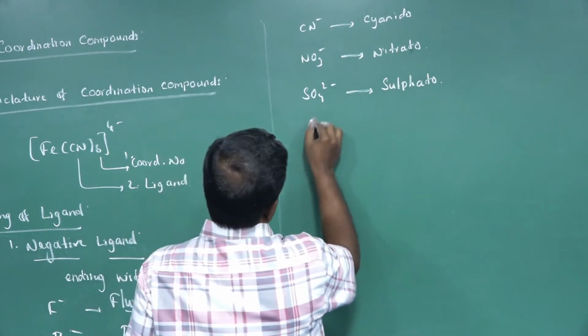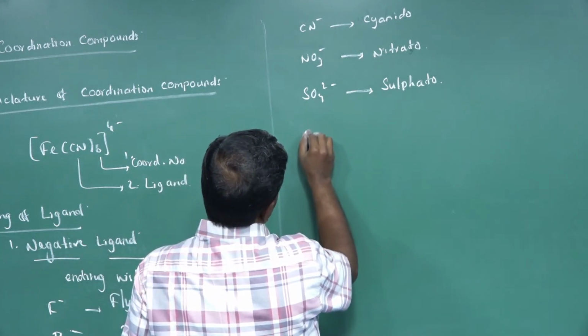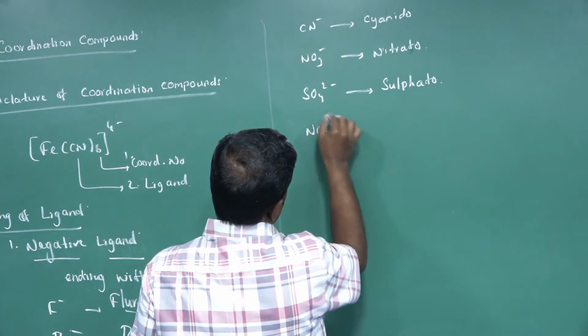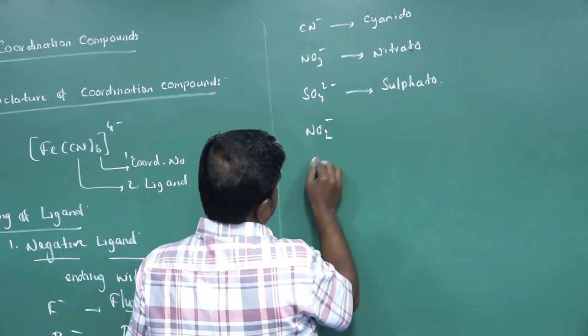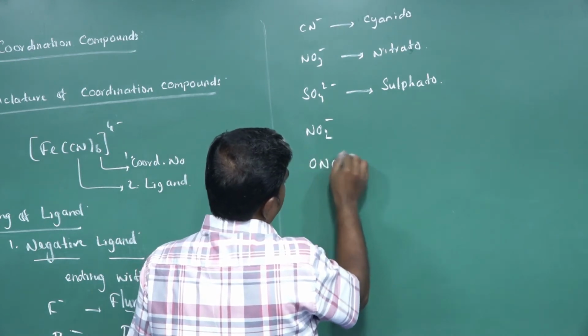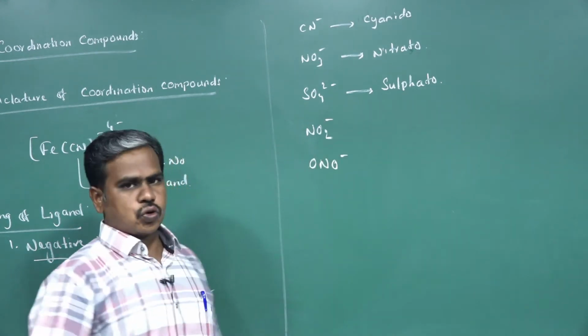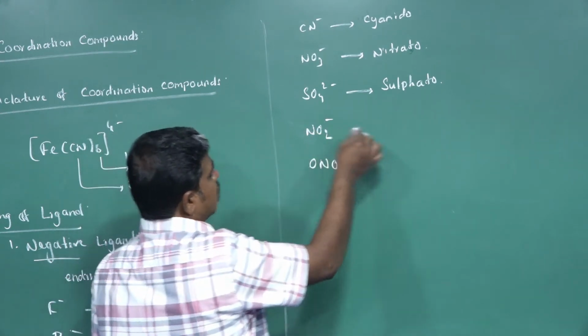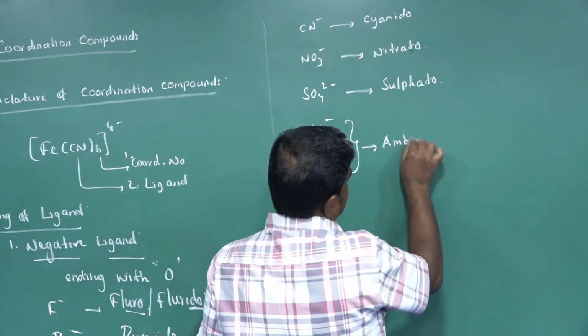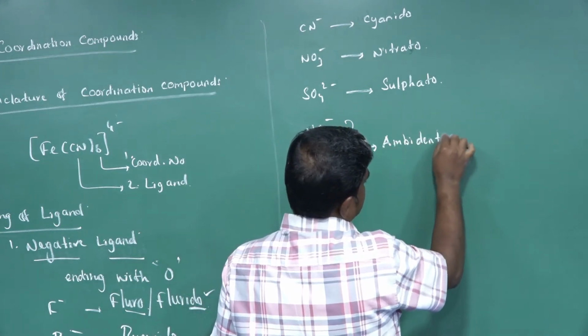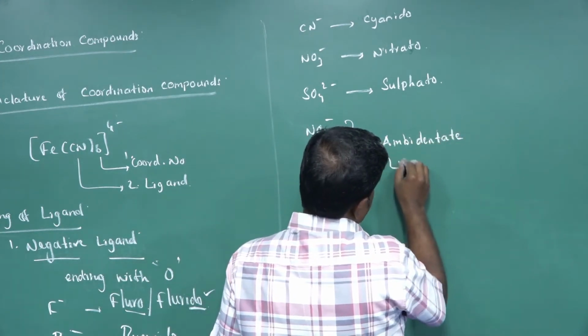Then we take the ambidentate ligand NO2 minus. In NO2 there are 2 types, that is ONO minus and NO2 minus. It is known as an ambidentate ligand.